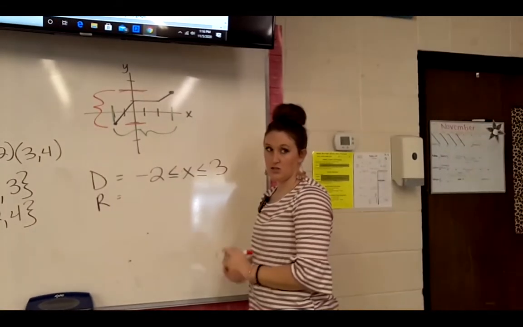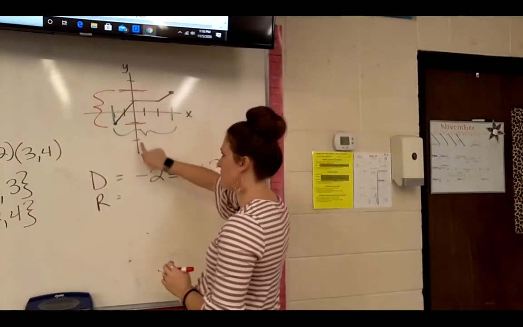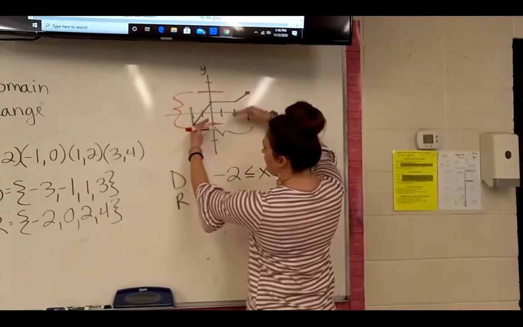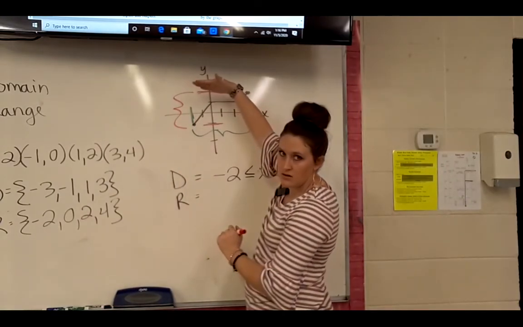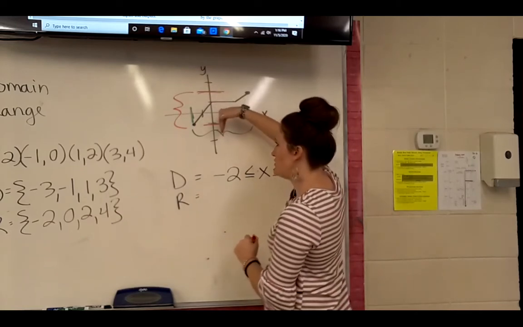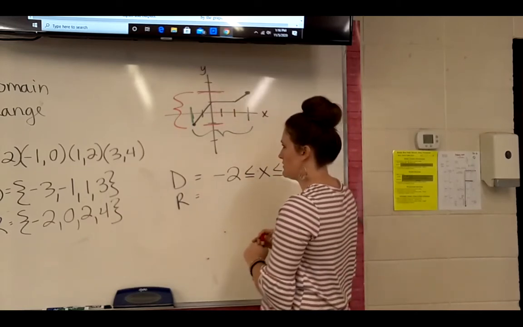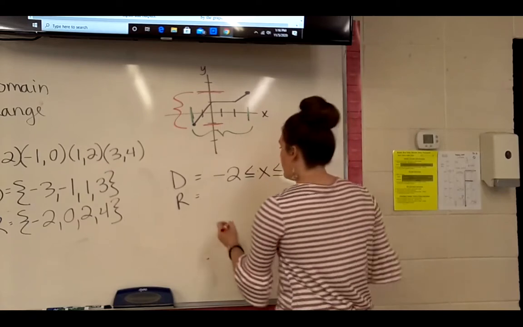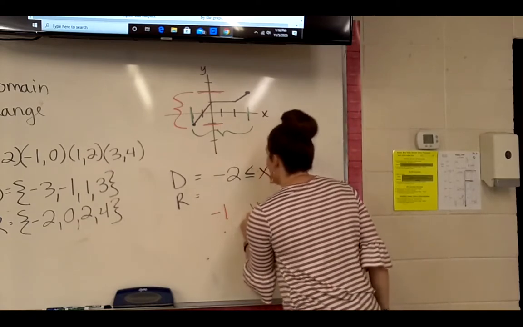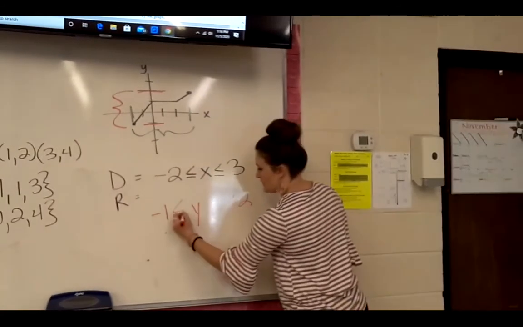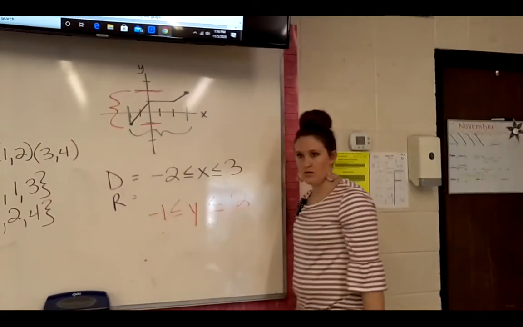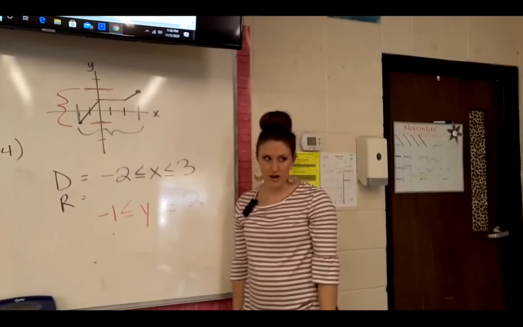Does that make sense? So you're only looking at this line, and we're trying to see how far it goes on that line. Looking at it like that, how low does it go on the y-axis? To negative 1. How high does it go? Positive 2. And it's everything in between. That is your range.